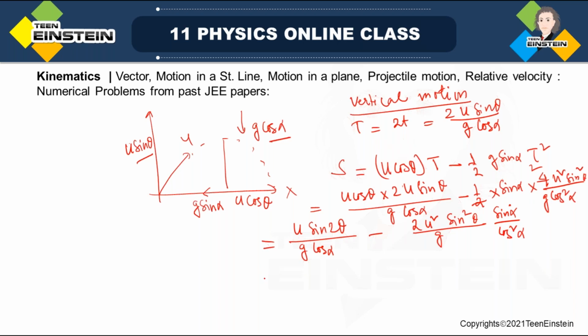Now if we put the values, see u was actually 2 meter per second, theta was 30 degree, and alpha also was 30 degree. Now let us put the values.